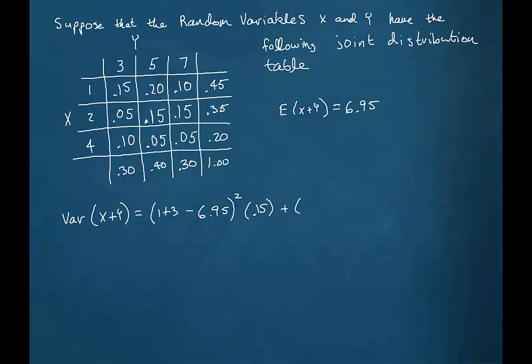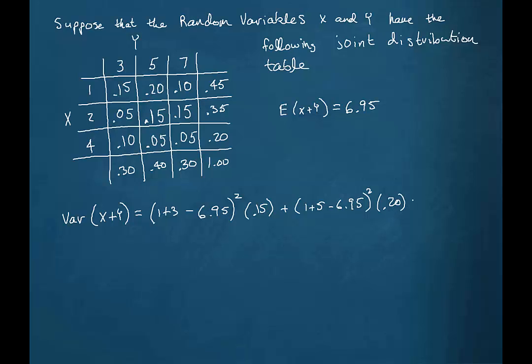And then we'll add the next entry, 1 plus 5 minus 6.95 squared times its probability, 0.20.